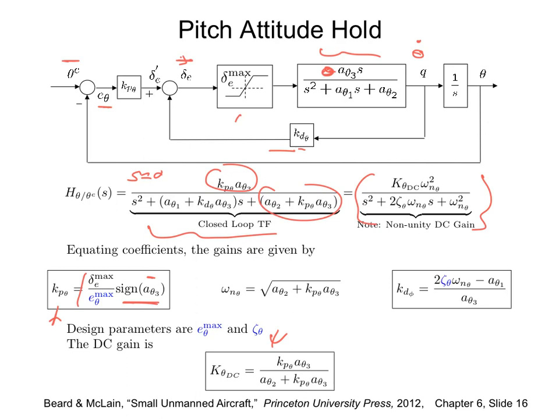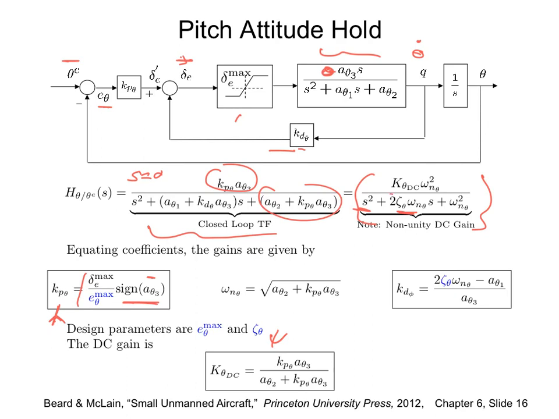So if it is negative, then Kp will be negative. If it is positive, Kp will be positive. Okay, so you compute your Kp theta from here, and then you can just compare coefficients of this and this.